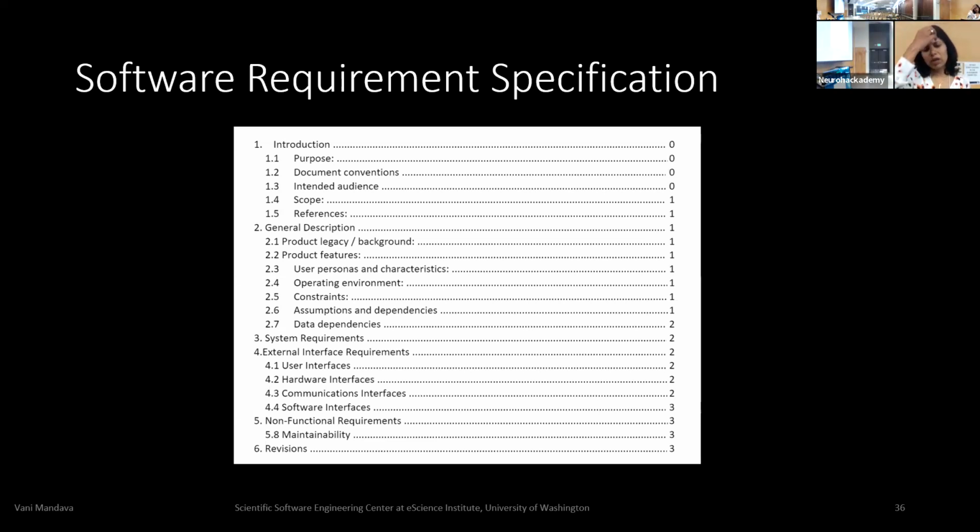This is just an outline of our software requirement specification. This is a bit old school. The most important aspect of this that I push towards during the early engagement phase with PIs and software requirements is section 2.3, which is the user personas and characteristics.